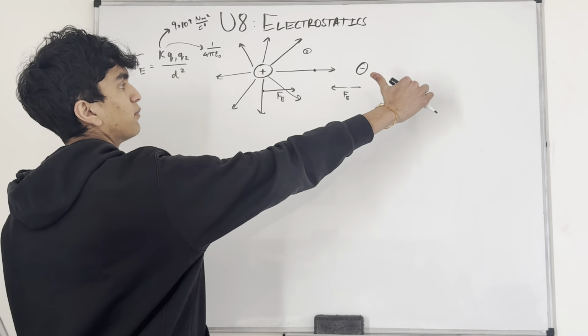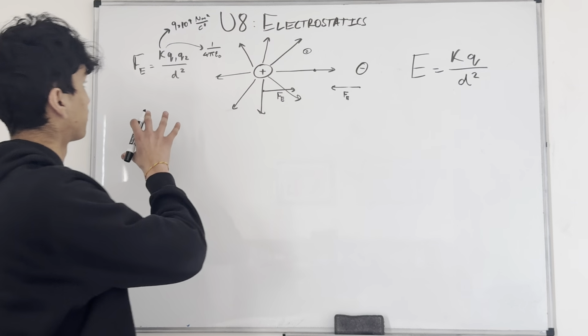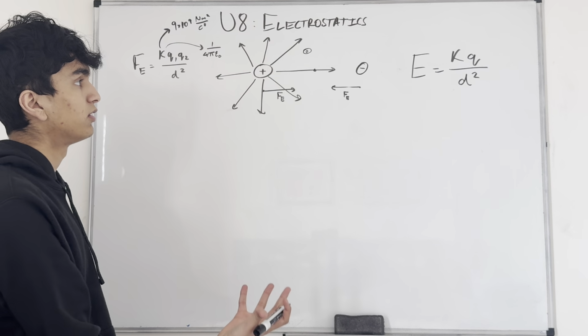So the equation is the electric field is equal to KQ. I should probably draw this bigger. So E is equal to KQ over d squared. Very similar to the force equation, and I'll connect it back to the force equation in a second.